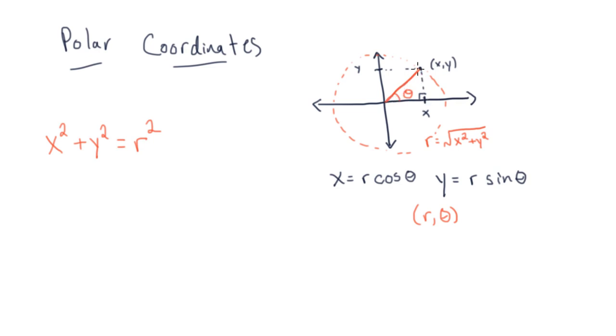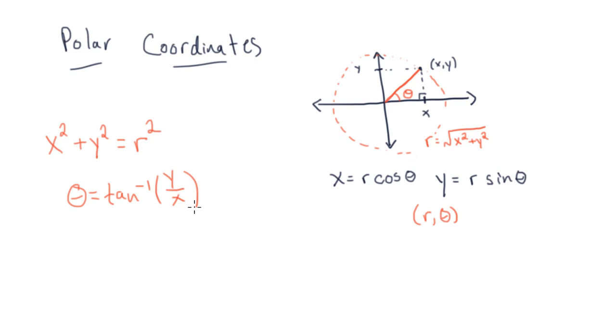So if this point is somewhere out here with r positive, I can say that theta is equal to the inverse tangent of y over x, right? If I wanted to find theta and I knew y and x.